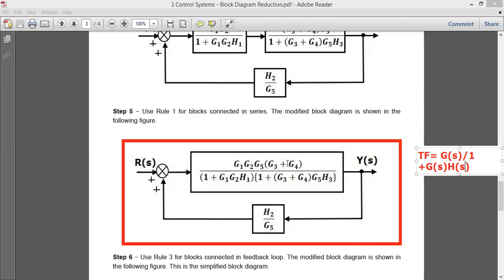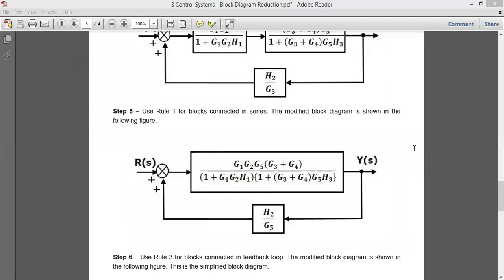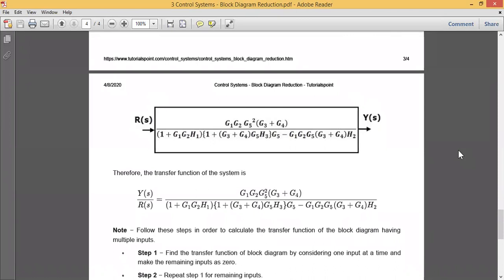So first write the whole G of S divided by 1 plus this block, again the H block. I will show you that figure also. I will just clear this. Okay, then check for this, the last answer.